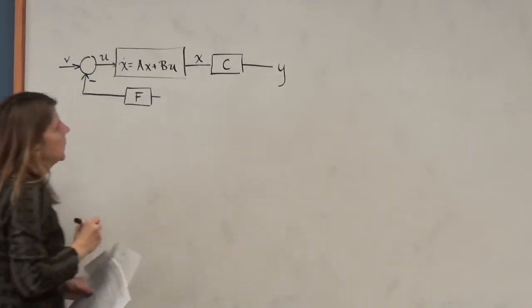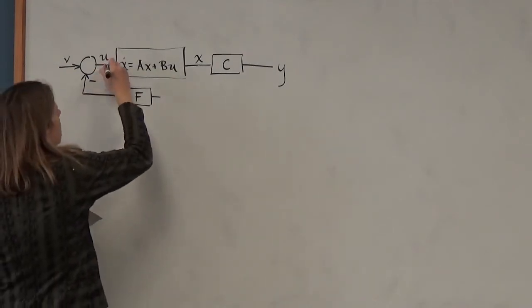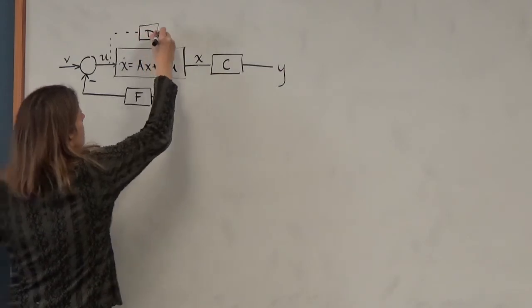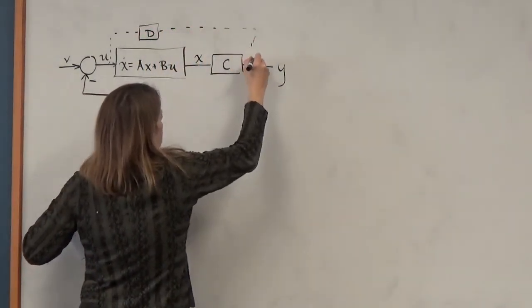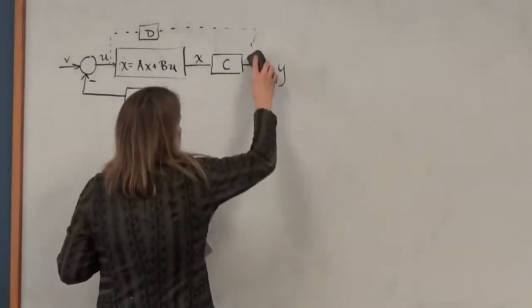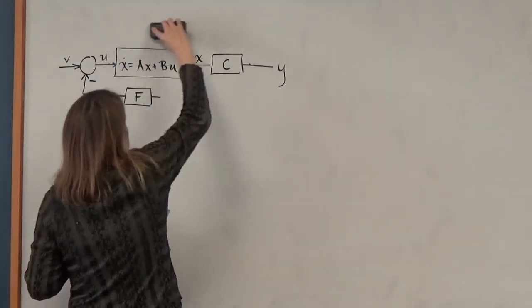So I'm going to just have y equal to Cx. If I had D, I could still do everything that I'm going to do today. I would have an additional block coming around, and I would just add it to y equals Cx plus Du. But for now, let's present the basic topology without D, because D doesn't really change anything.